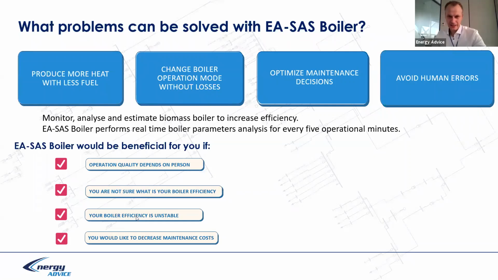Your efficiency is unstable. I mean, as we saw from the slides earlier, the efficiency even changed due to shift. And you would like to decrease maintenance cost, increase efficiency, stabilize efficiency, and avoid human errors, I mean human impact on the process.